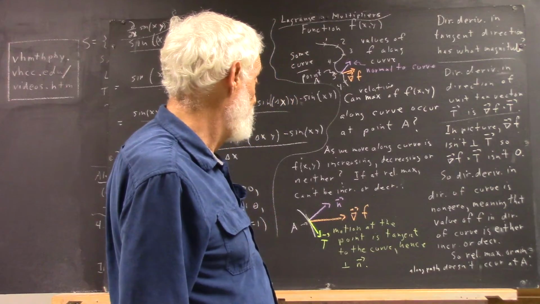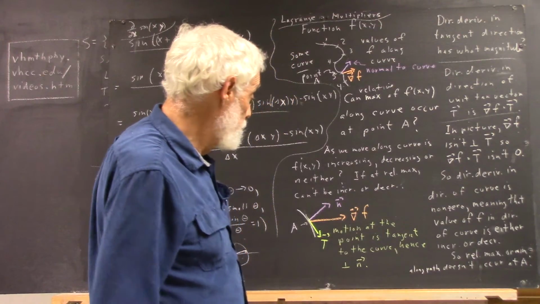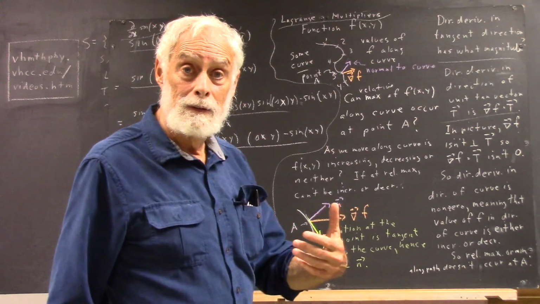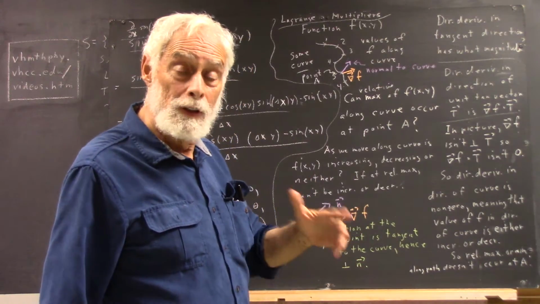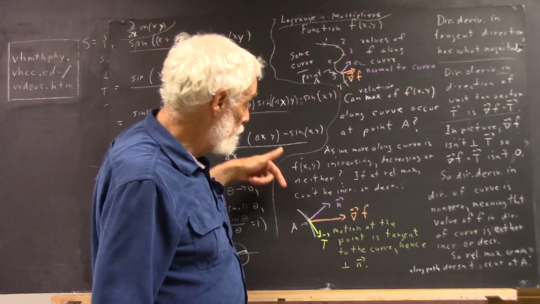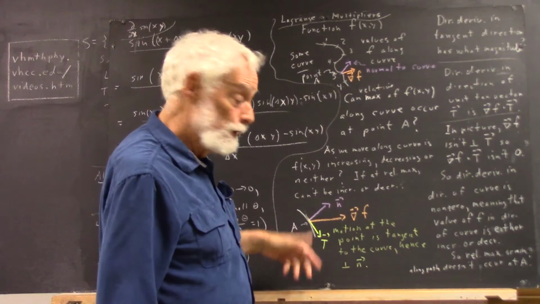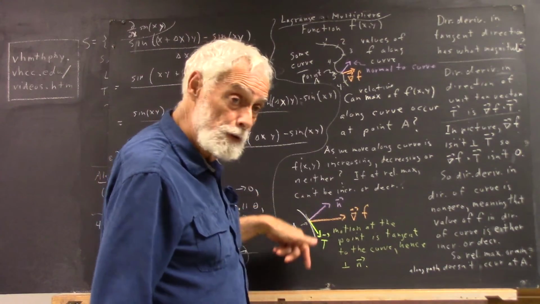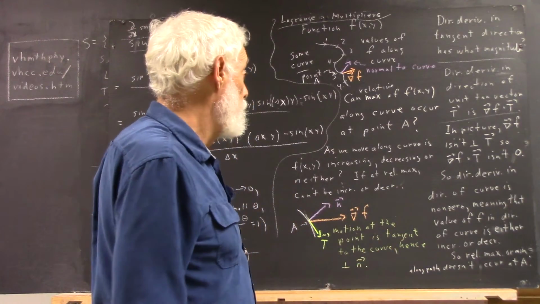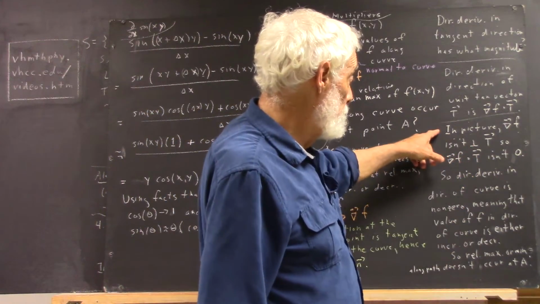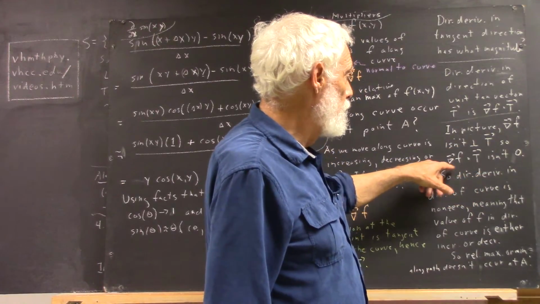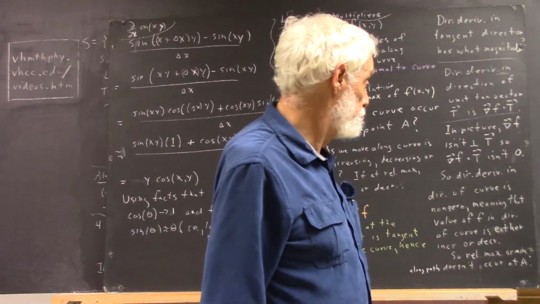So the directional derivative in the direction of our unit tangent vector t is del f dot t. And as I just said, if del f dot t isn't zero, that means our values are changing as we move in the direction t, which means they're changing as we move along the curve. So we can't have a relative max or min. In the picture, del f isn't perpendicular to t, so del f dot t isn't zero.